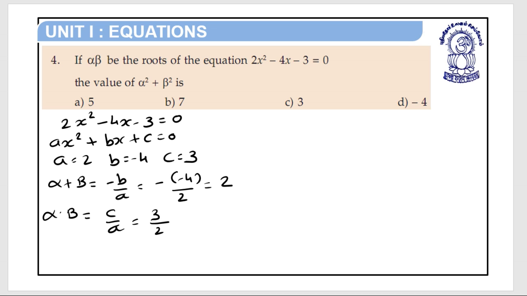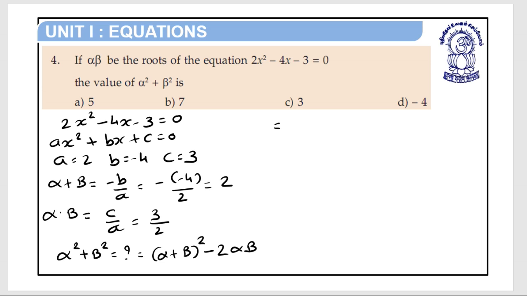Now find out the value of alpha square plus beta square. Instead of alpha square plus beta square we can write alpha plus beta whole square minus 2 alpha beta.